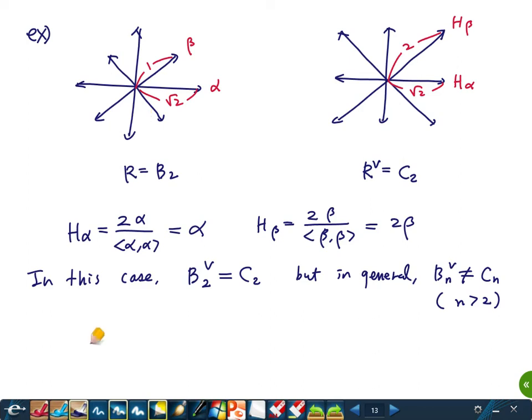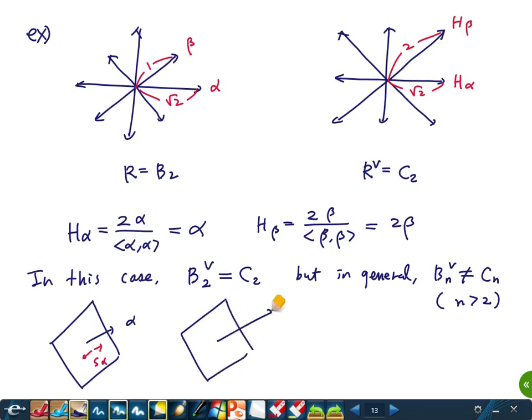But if you have alpha and H alpha, what is S alpha? Reflection about a hyperplane. Let me draw a little more carefully. So we have alpha here. Suppose that we have a hyperplane perpendicular to alpha. What S alpha does is reflect about this hyperplane. What happens to H alpha?